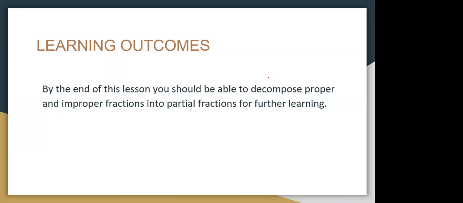So if the degree of the numerator is smaller than the degree of the denominator, let's say the degree of the numerator is 1 and the degree of the denominator is 2, then it would be a proper fraction, and vice versa for improper. Okay, thank you so much, Martina. That is correct.